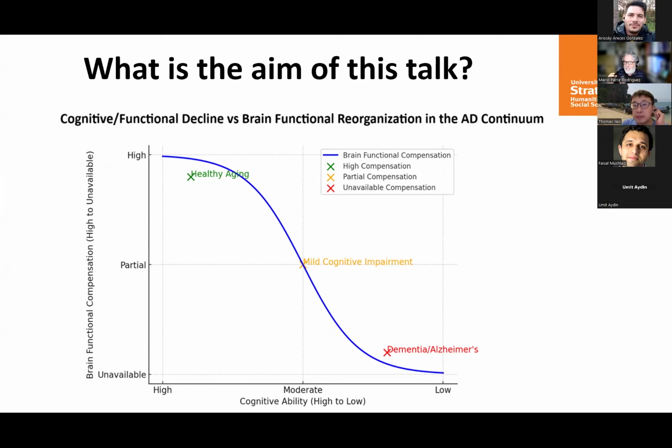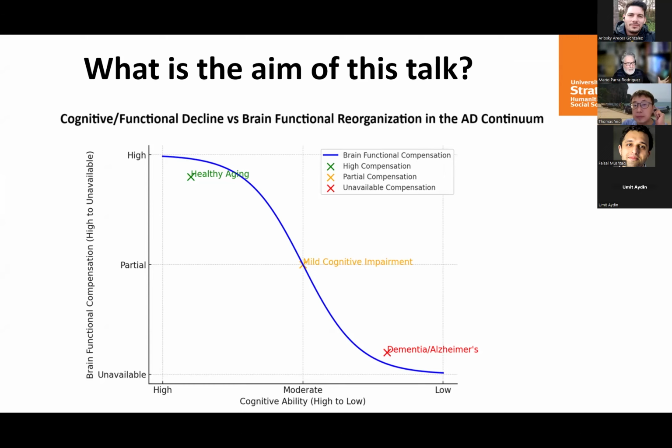So we see a dissociation whereby people progressing from normal aging to dementia tend to recruit more activity. However, their behavior keeps dropping gradually as the disease progresses, up to the point where there is no more room, no more neural resources for either physiological nor behavioral compensation.